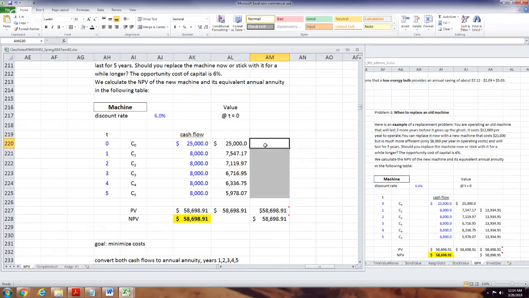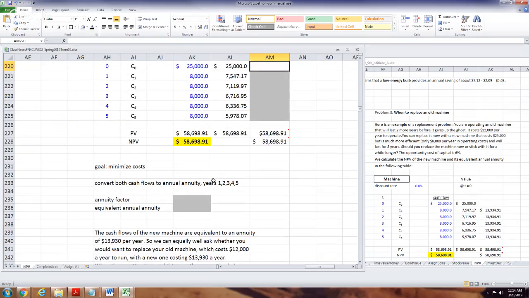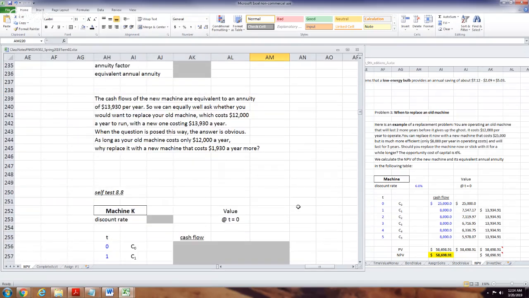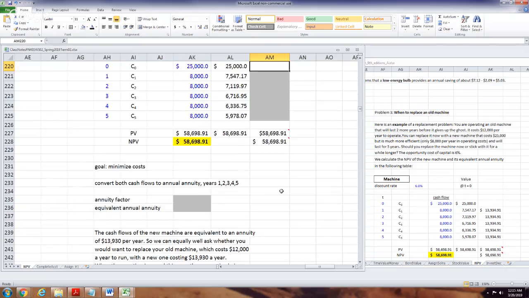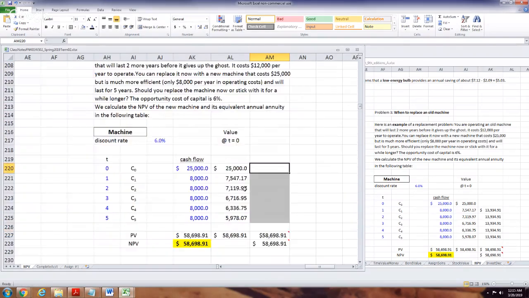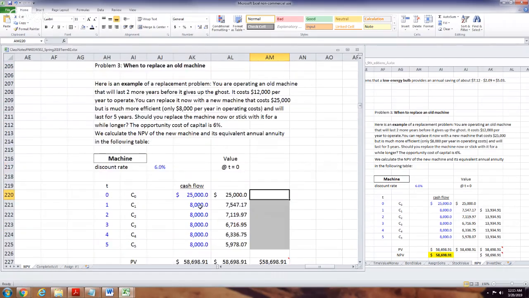All right, and this is for the annual equivalent, the equivalent annual annuity number. Okay, we're going to look at that before we hit the self-test. So once again, you're potentially buying this. So that's why you're figuring these numbers out. You've already got the $12,000 a year system. You've already got it in there. So you're not really doing a study because it's already there. You're trying to determine, should you switch to this system, to this machinery?